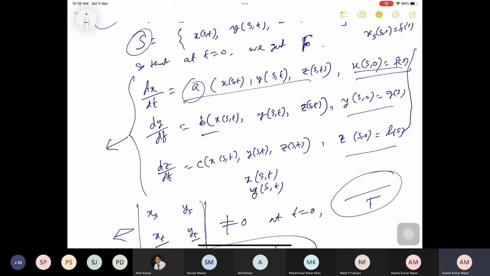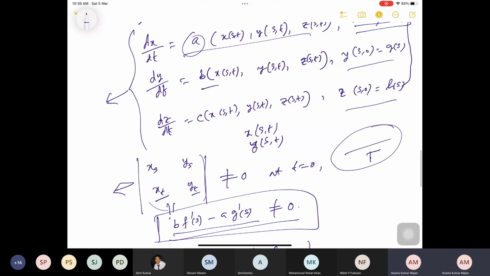x of s0 is equal to f of s, so then the partial derivative of x with respect to s at s of 0 is equal to f prime s. So this x_s represents a derivative. Which derivative? This is the partial derivative, with respect to s. This y_t means with respect to t.